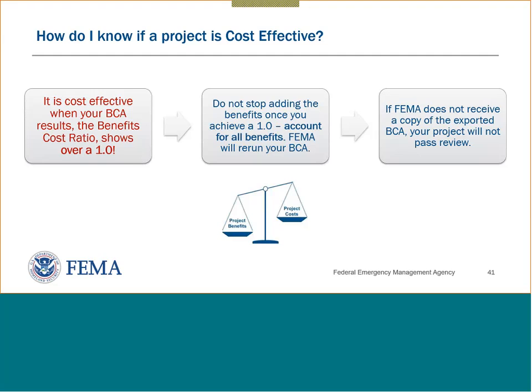You might want to make it a little higher than that for the national competition, because you'd like to account for all the benefits that you have. Again, as we mentioned, you want to include a copy of the exported BCA as well as a copy of the BCA report.